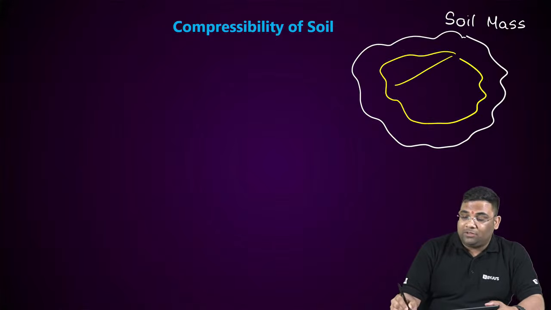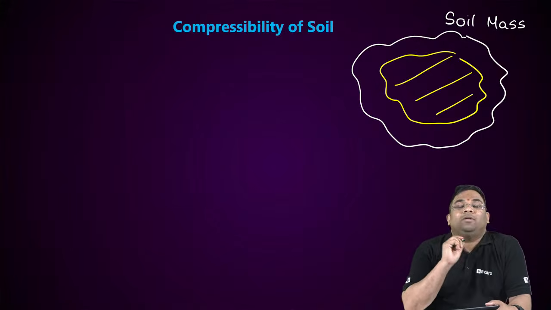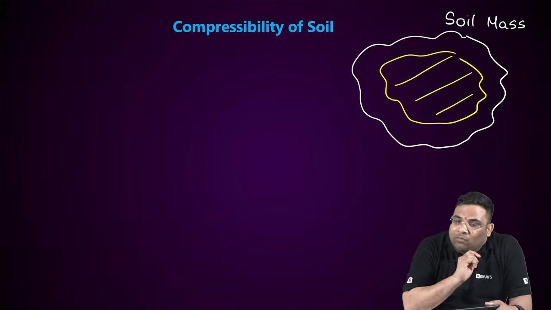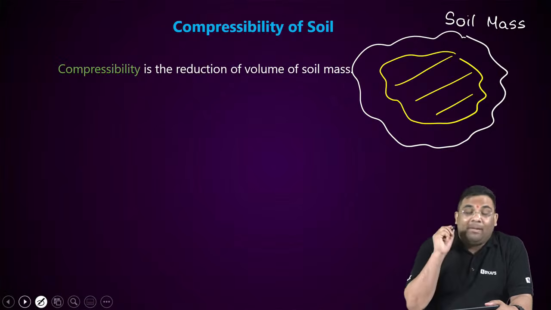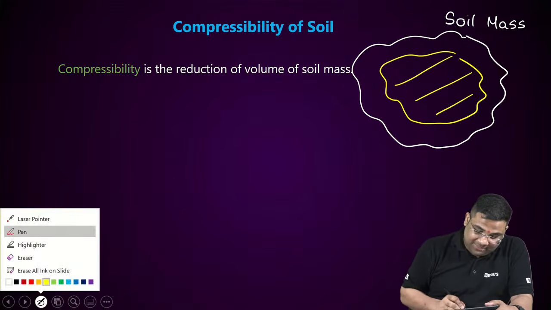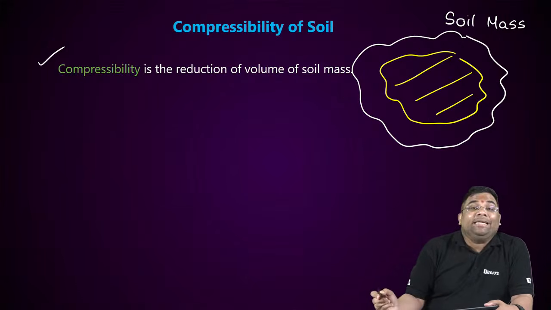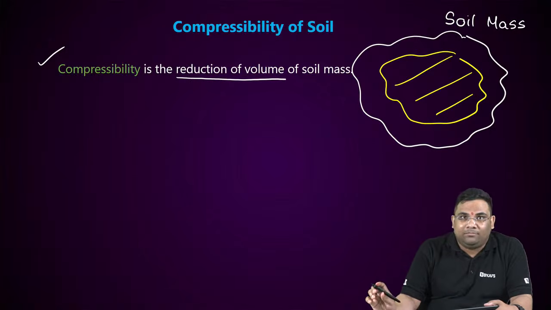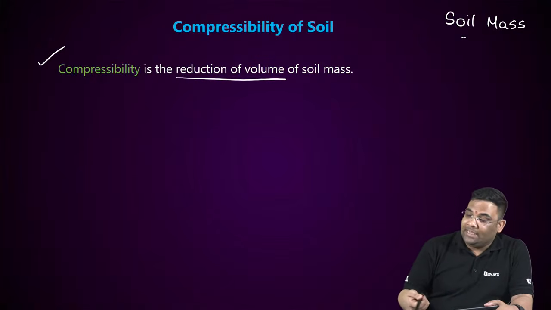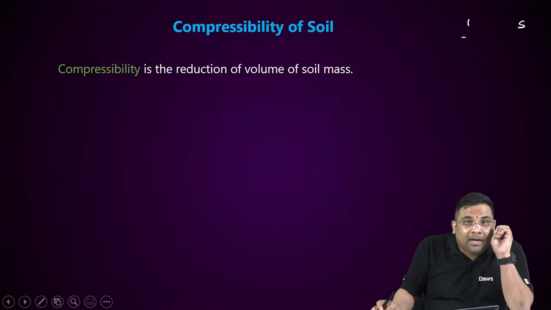This reduction in volume of the soil mass, I will call compressibility of soil. By definition, compressibility is the reduction of volume of soil mass.